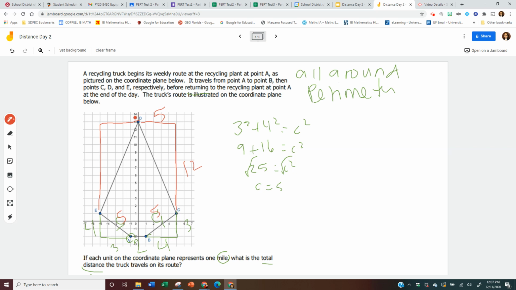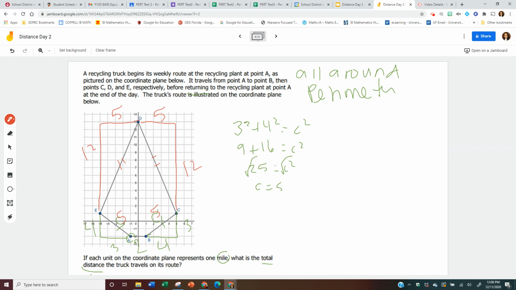I'm going to count this side over here. 1, 2, 3, 4, 5. This side right here is also 5. So far it's looking pretty good. And this is 1, 2, 3, 4, 5, 6, 7, 8, 9, 10, 11, 12. So yeah, because this is 12 and 5 and 12 and 5, that tells me that this side is equal to this side right here.